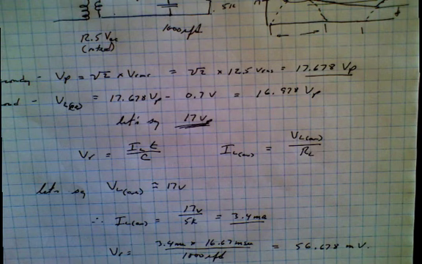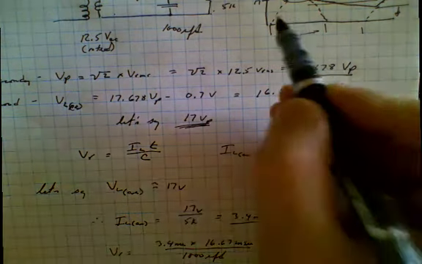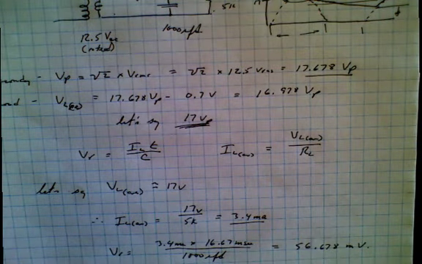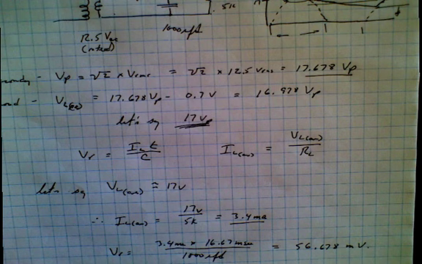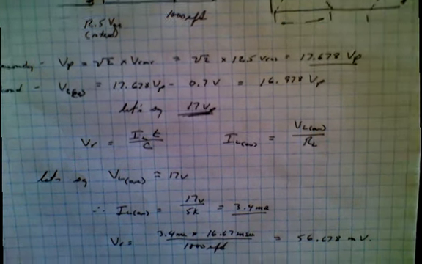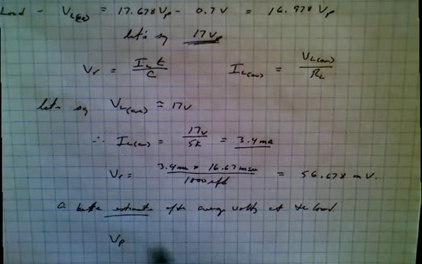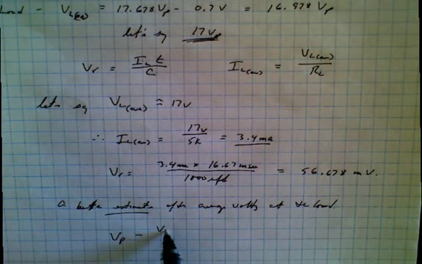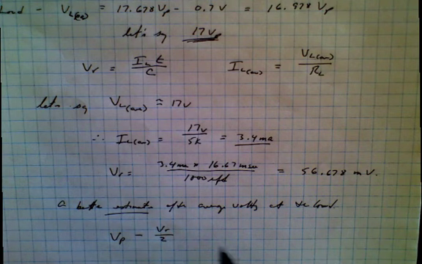So we could then come along and make a better estimate of the average. Remember, it is just that, an estimate of the average voltage at the load. It's simply going to be the peak voltage at the load minus the ripple voltage divided by 2.